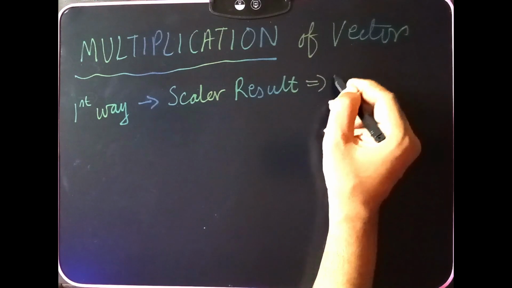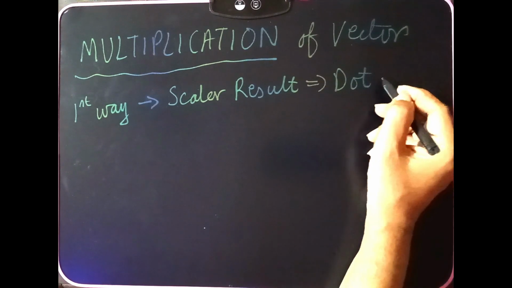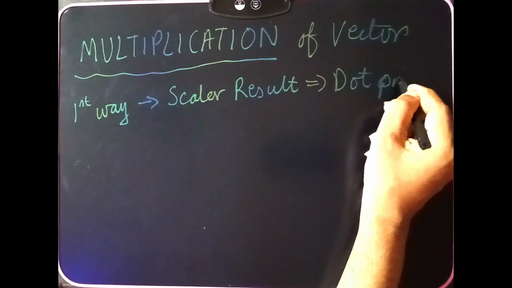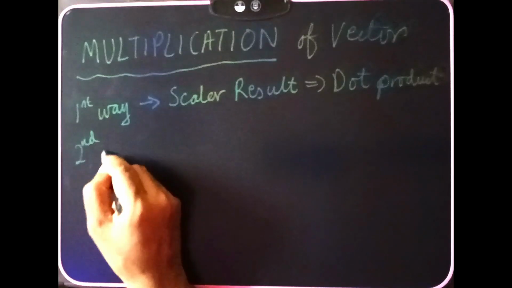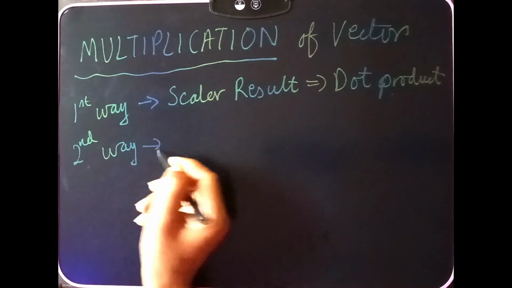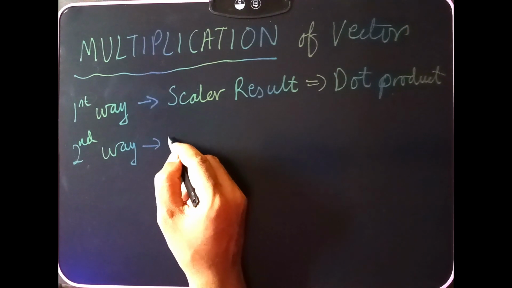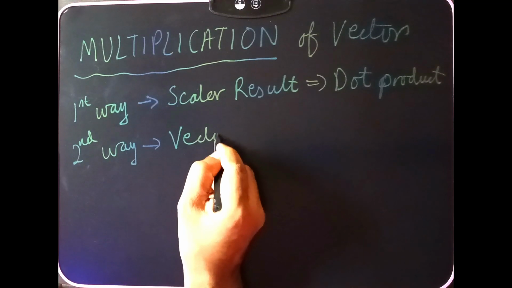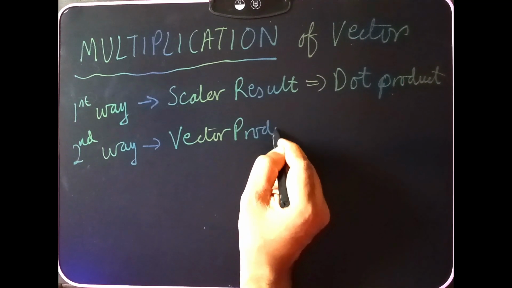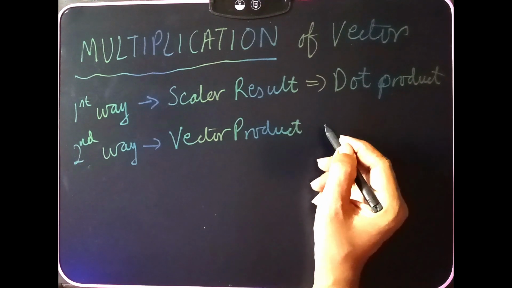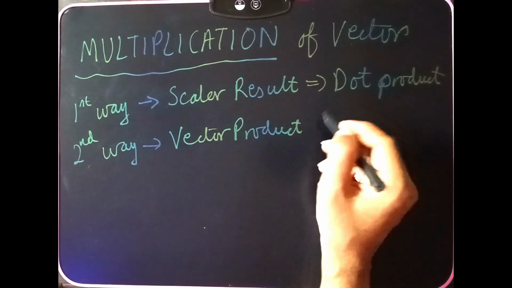Or this is called as the dot product, which we are going to study here. And second way is a vector result or vector product.